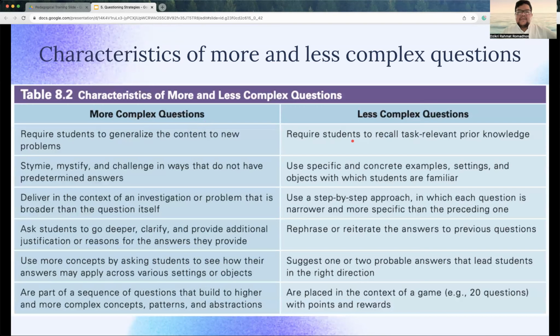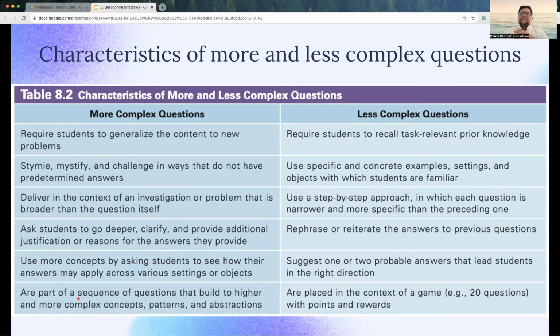Next, more complex questions are part of a sequence of questions that build to higher and more complex concepts, patterns, and abstraction. So the questions build a more complex understanding of a concept.